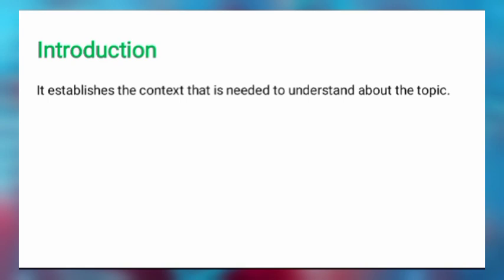And mostly, we write our introduction in an inverted funnel manner. Inverted funnel manner in the sense that we start with the broader picture, that is the wide or the general knowledge about the topic, and then you narrow yourself to the specific work that you are going to do in your experiment.